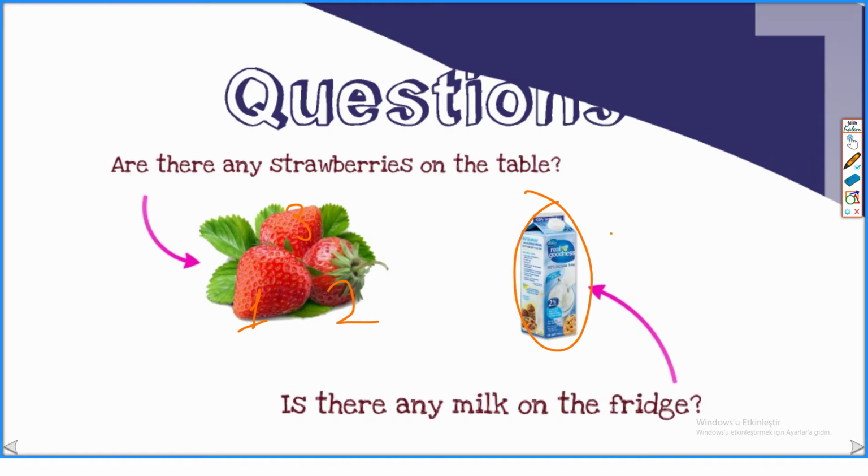It's in the shape of a carton, but I can't. Is there any milk in the fridge? Yes, we have some milk in the fridge. Are there any strawberries on the table? Yes, we have. You can eat them whenever you want.